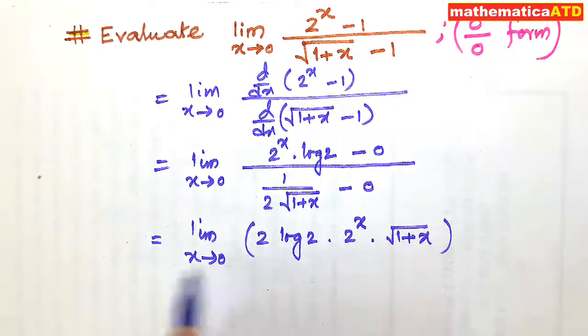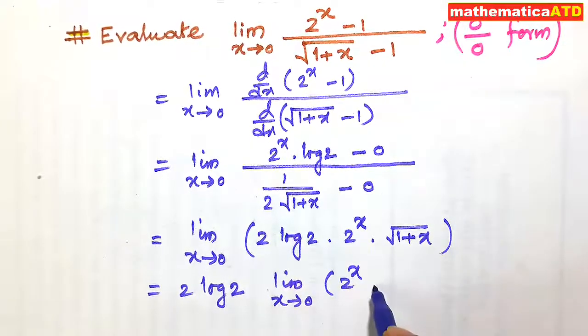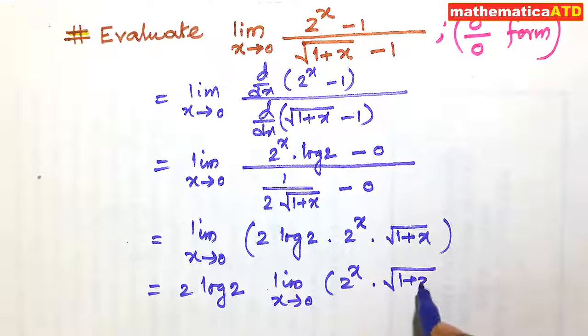2 into log 2 is a constant, so we can take it out of the limit. So 2 log 2 into limit x tends to 0 of 2 to the power x into root over 1 plus x.